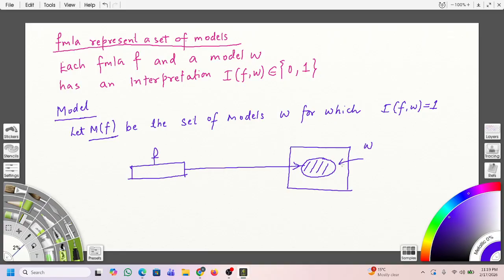This we refer to as M(F), that is the model of F. So let us take an example and then it will be clear.